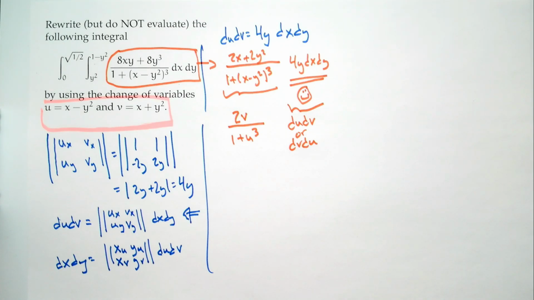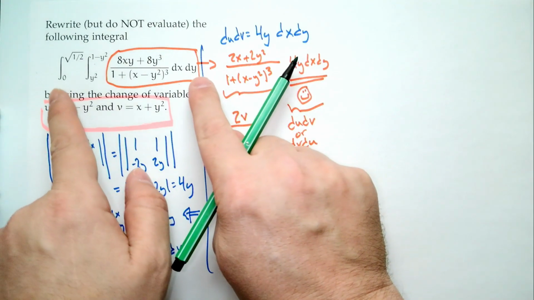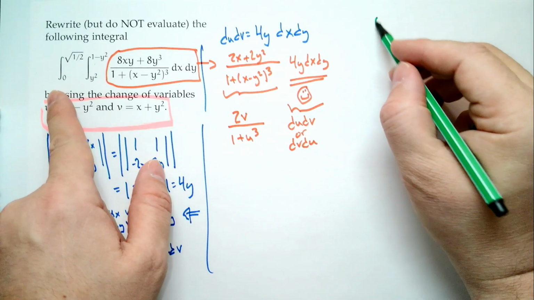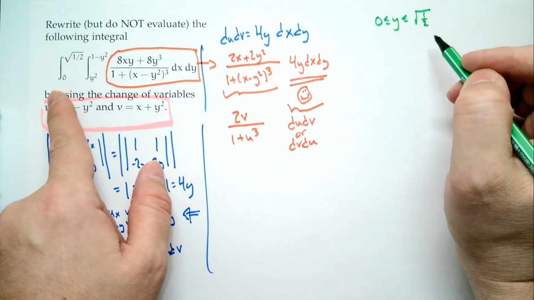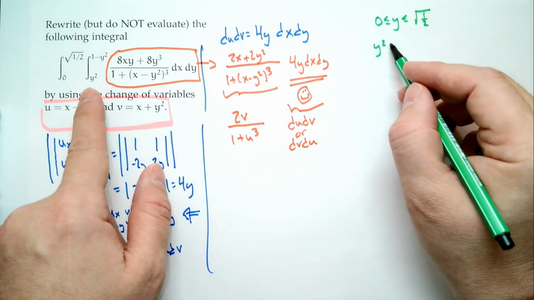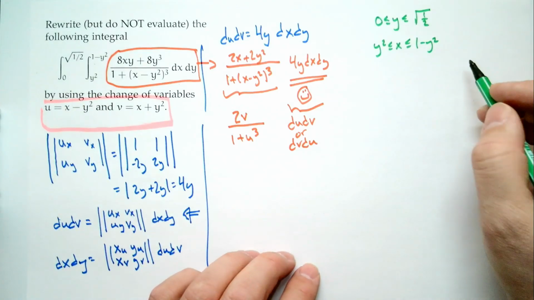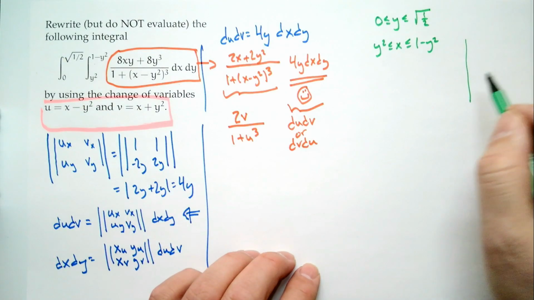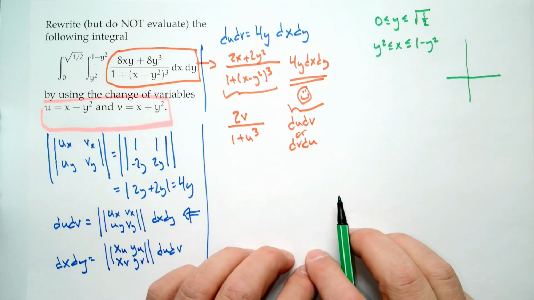So we have to start with our current region. We know our current region is that y goes from 0 to square root of a half, and that x goes from y squared to 1 minus y squared. Now, if you were to sketch this, and we will sketch this, what do we see?